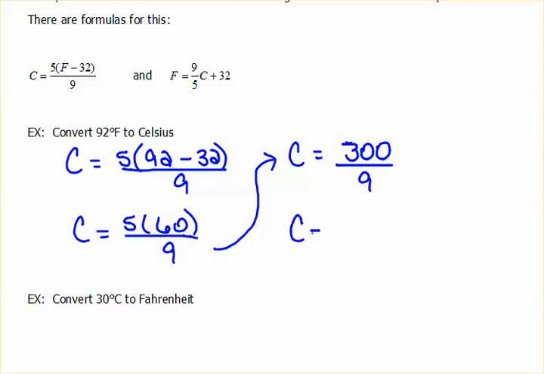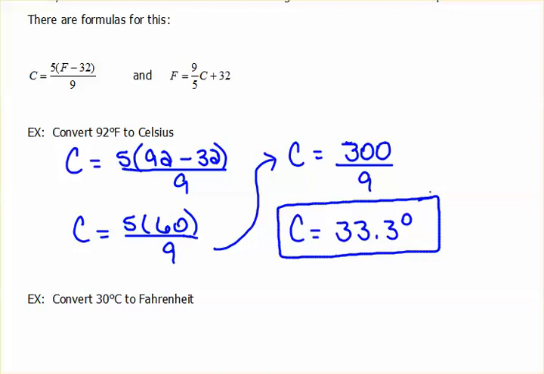And then if we use our calculator and get a decimal equivalent there, 300 divided by 9 is 33.3 degrees. So 92 degrees Fahrenheit is 33.3 degrees Celsius. You see what I mean about if you packed your hat and gloves that you'd be way too warm?